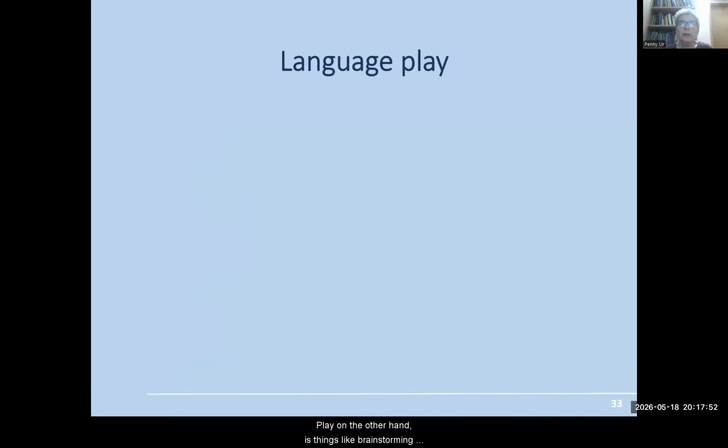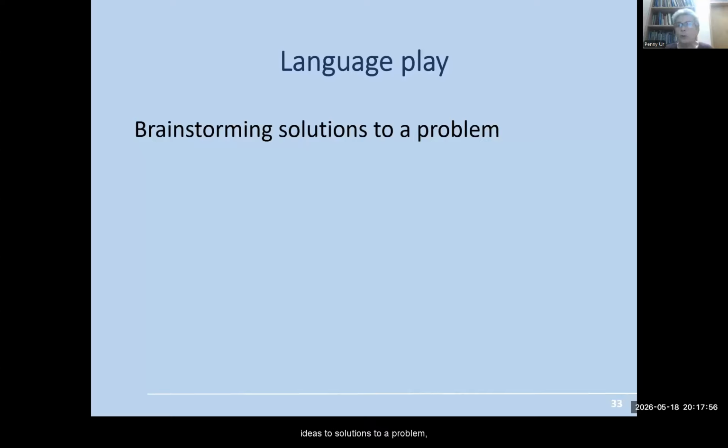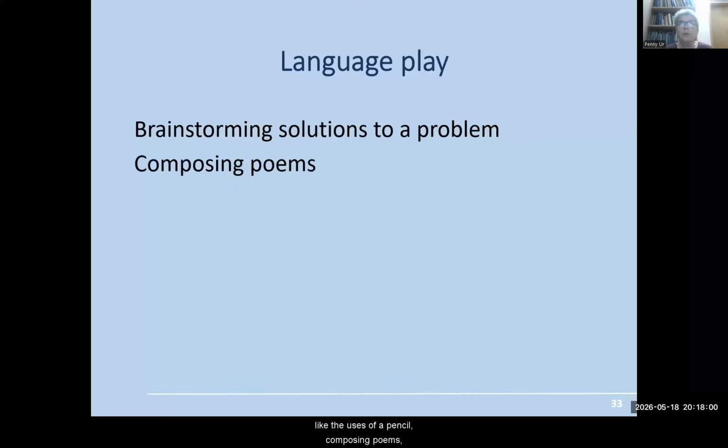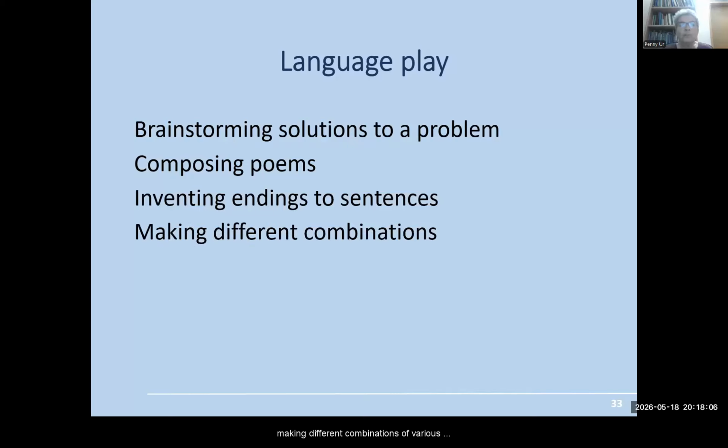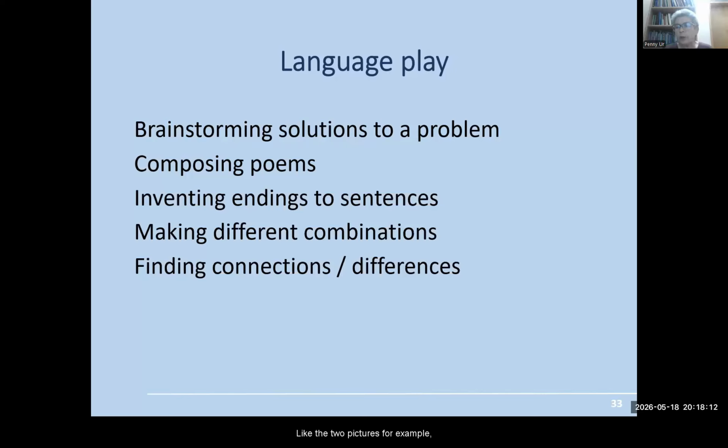Language play, on the other hand, is things like brainstorming ideas to solutions to a problem, like the uses of a pencil, composing poems, inventing endings, funny endings, different endings to sentences, making different combinations of various kinds, finding connections, differences, like the two pictures, for example, is playing with language, and so on.